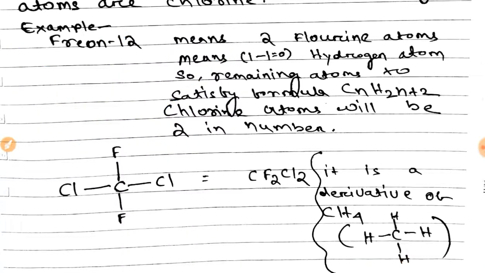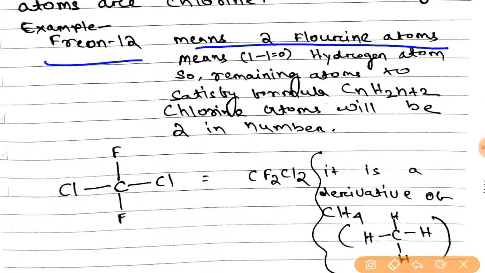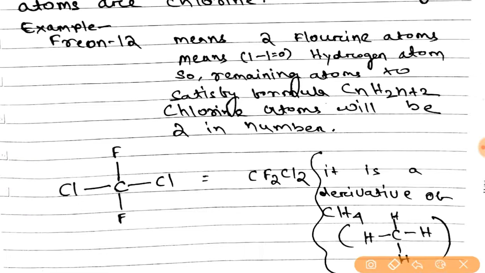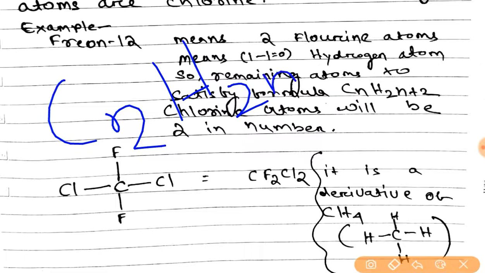So this Freon 12 means 2 fluorine atoms, and 1 minus 1 equal to 0 hydrogen atoms. The remaining atoms to satisfy the formula, that is chlorine atoms, will be 2 in number. Suppose we write the formula for methane, that is CH4. Sorry, I first said C2H2n+2, but that is ethane.